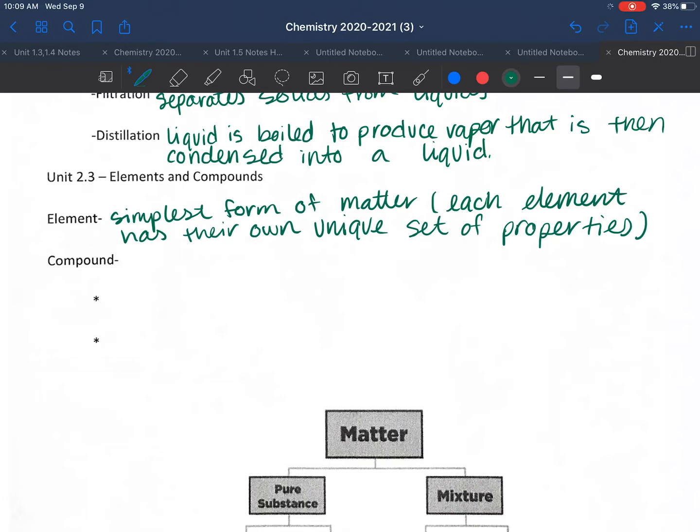When we start to combine elements, that's when we get compounds. A compound contains two or more elements, and they are chemically combined. So this is a little different than a mixture.